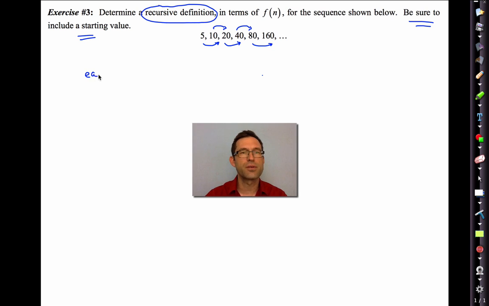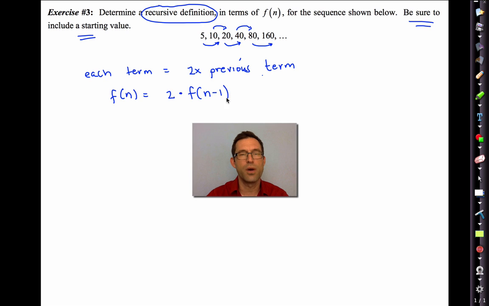Well, it looks like each term is 2 times the previous term. So there's our definition. F of n equals 2 times f of n minus 1. Each term is 2 times the previous term.